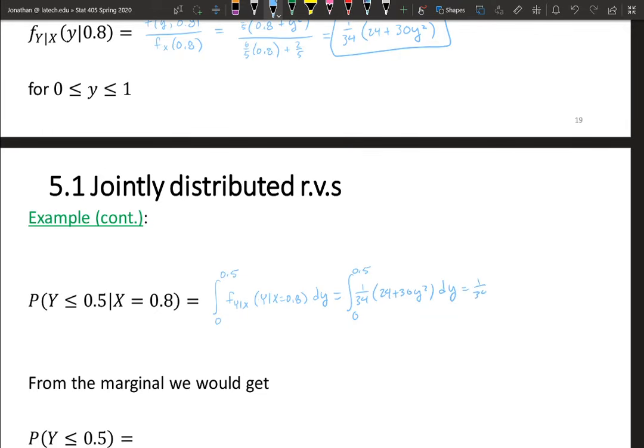We get 1 over 34 times 24Y plus 10Y cubed from Y equals 0 to Y equals 0.5. And that decimal turns out to be, I think, 0.390.